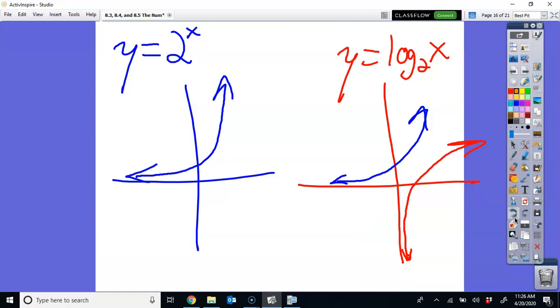So a logarithm is going to look like this, and it's going to have a vertical asymptote instead of a horizontal asymptote. That's what a logarithmic graph is characteristically shaped like. It also moves left and right and up and down just like all the other graphs we've done all year long. It can transform.